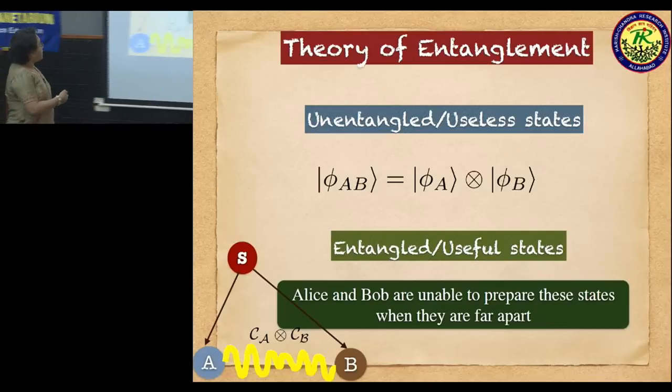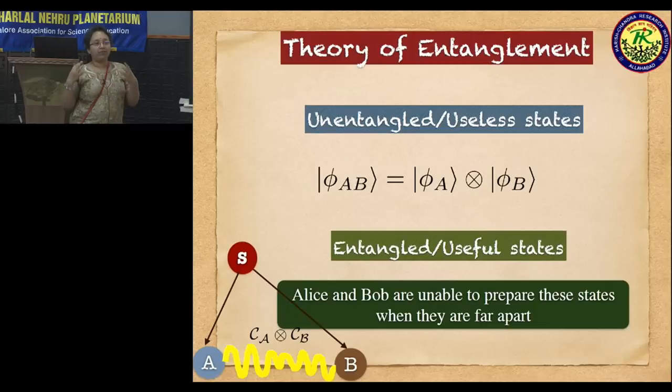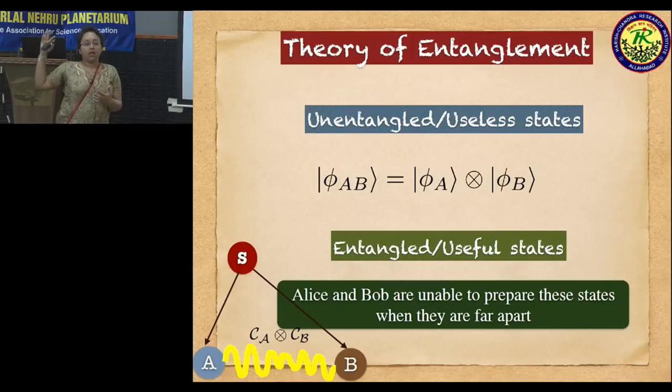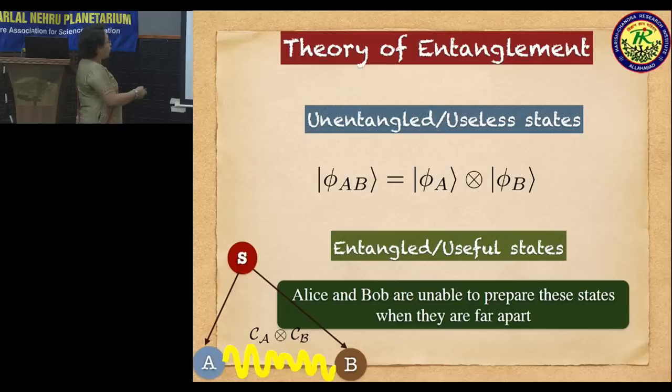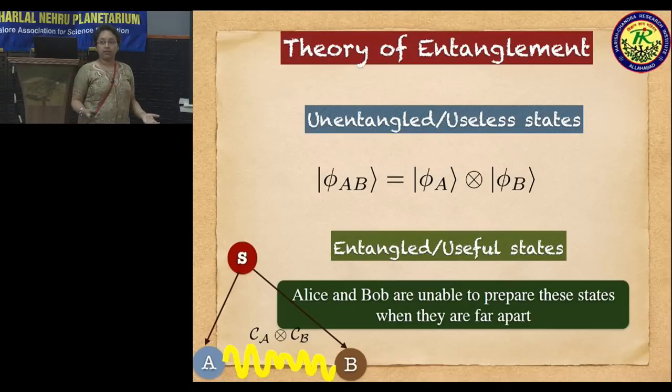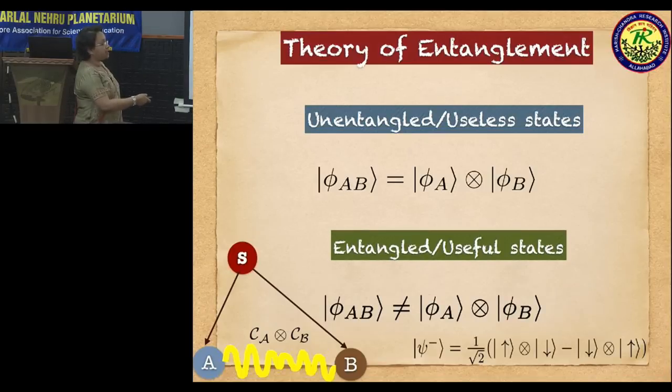So one can think that there is a source which has all the machinery where the 2 particles interact in a certain way by following a certain Hamiltonian, and then the source sends 1 particle to Alice and another particle to Bob. This state, which also lies in this tensor product Hilbert space, is called the entangled state. One example of an entangled state was the state that I have used for quantum teleportation. And the entangled state mathematically cannot be written like that.